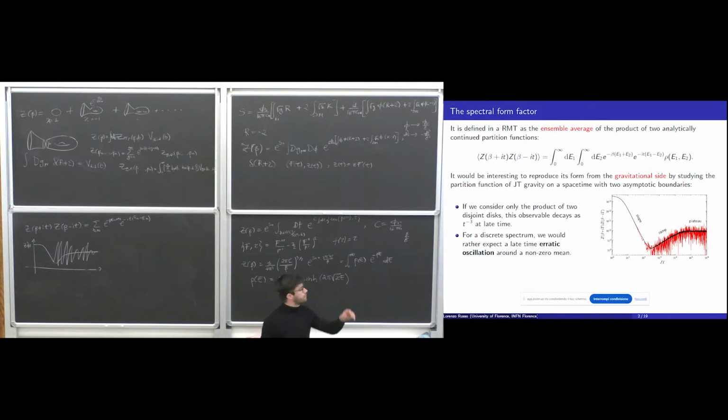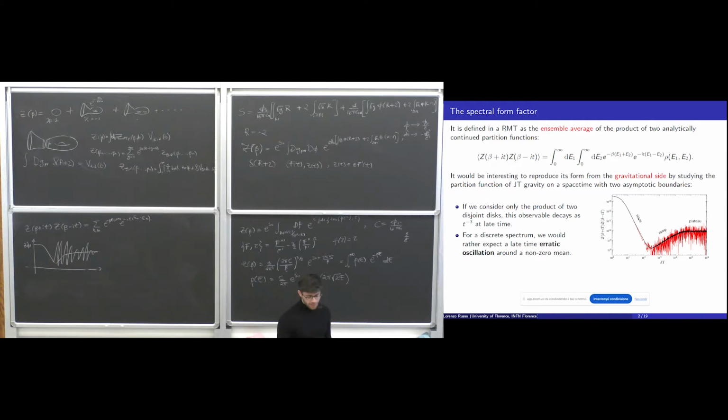We would like to reproduce this behavior from the gravitational side, but how to do it? We should try to study the space-time with two asymptotic boundaries, and then analytically continue them.